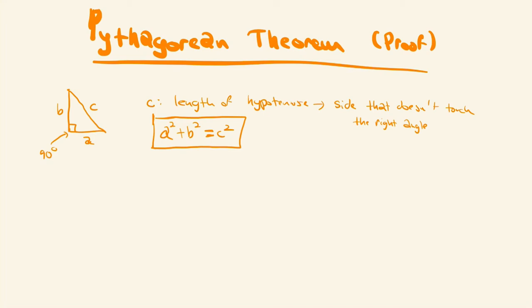So to show that, we do a nice little trick. We copy this triangle 4 times. Okay? And we're going to put it inside of a box, inside of a square. I'm going to draw it in blue now.